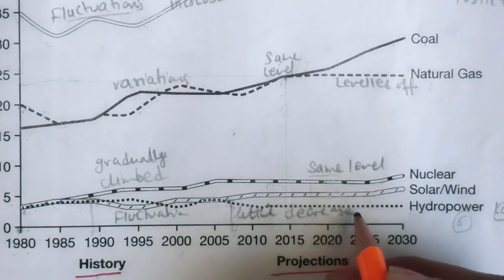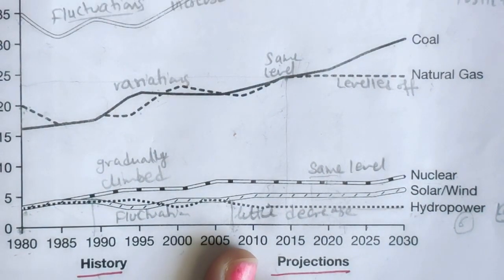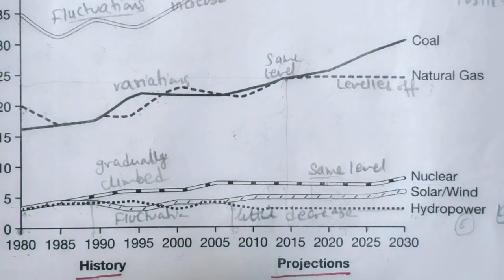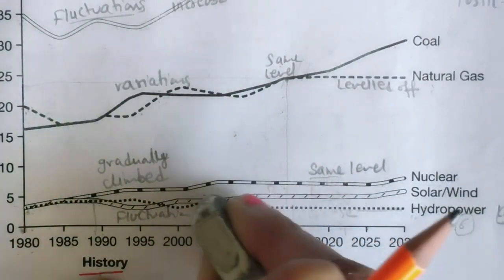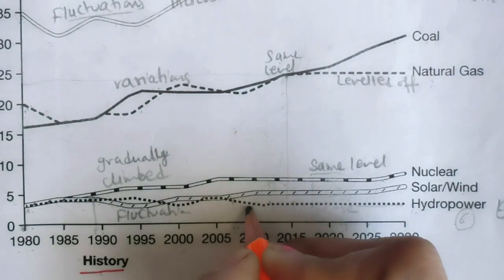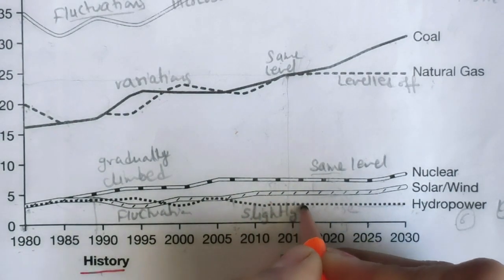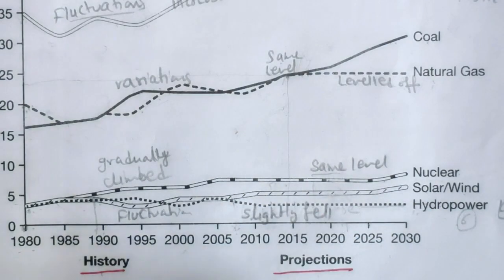In future also it will keep the same trend. So how are you going to compare the things? For decrease, I am not going to use the same word here. We can just write fell, slightly fell at this point.